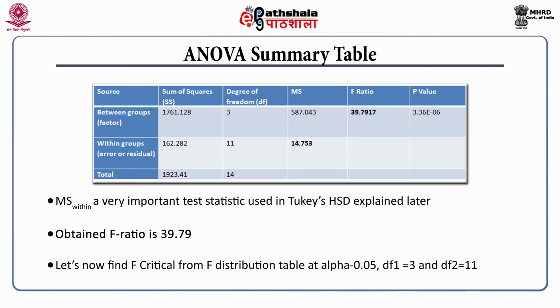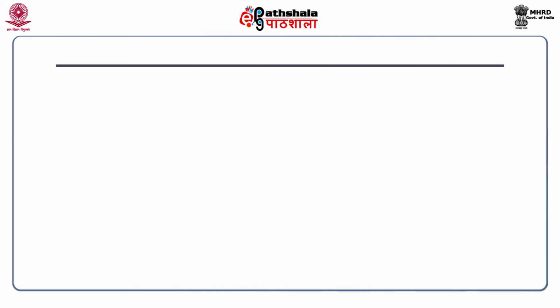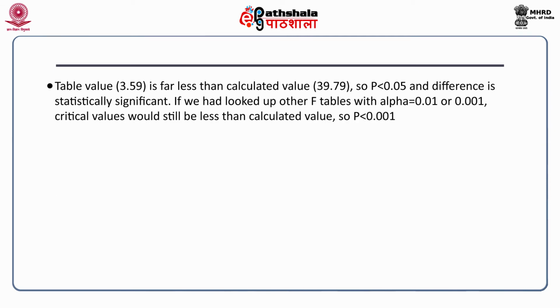In the case of the F distribution table, there are 2 degrees of freedom, as I told you earlier. The value, as you can see here in this table, is 3.59, which is far less than the calculated value 39.79. So the p value must be far less than 0.05, and the difference is statistically significant.